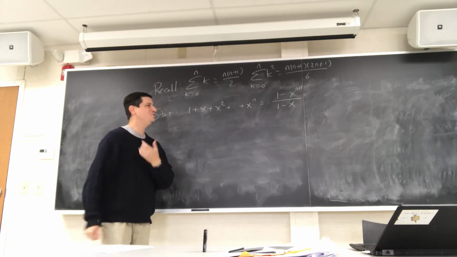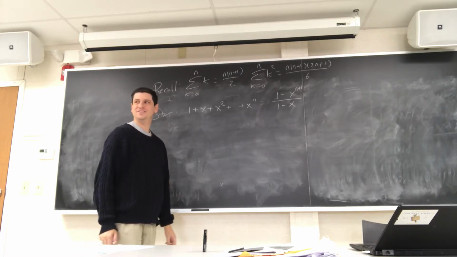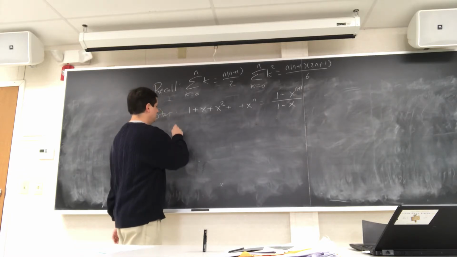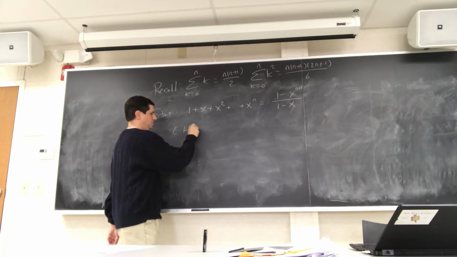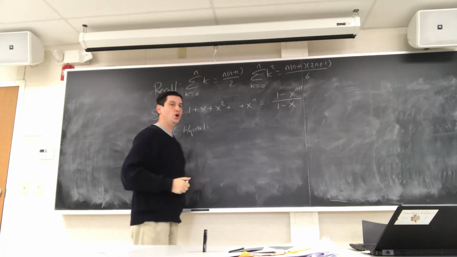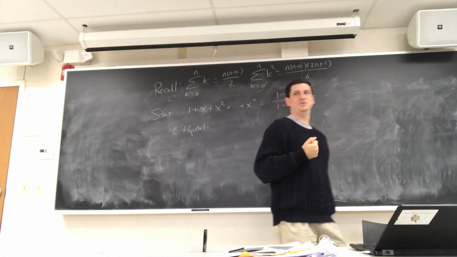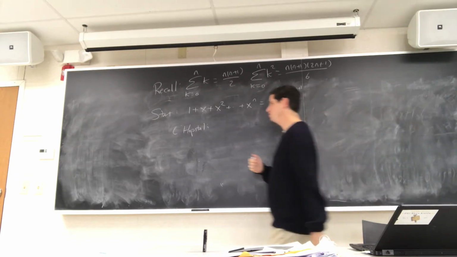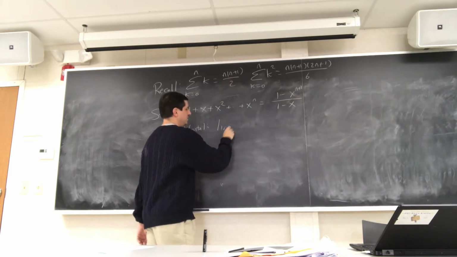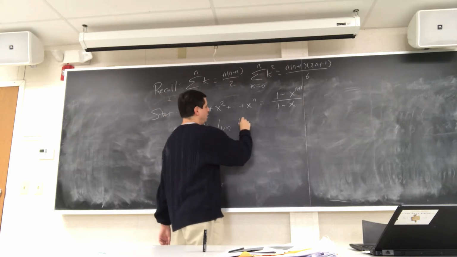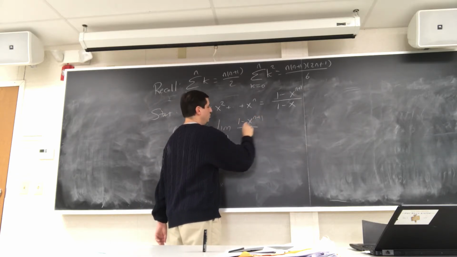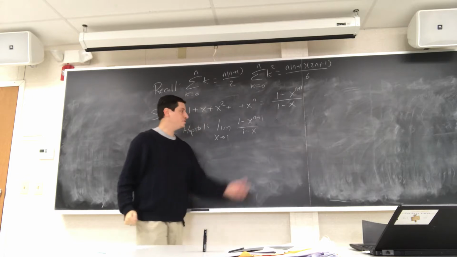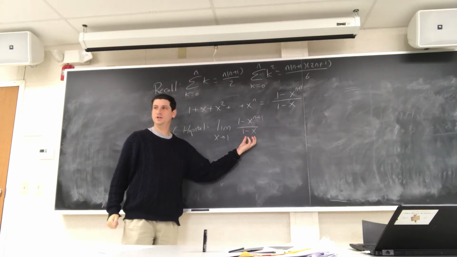So if x equals 1, what do you do? L'Hopital. You know you've made it when your name is a verb. Okay? You L'Hopital it. So you take the limit as x goes to 1 of 1 minus x to the n plus 1 over 1 minus x. This is of the form 0 over 0.